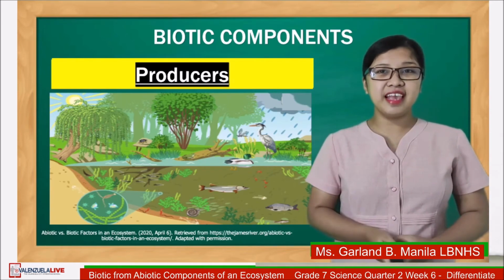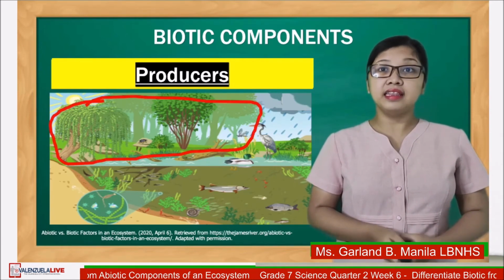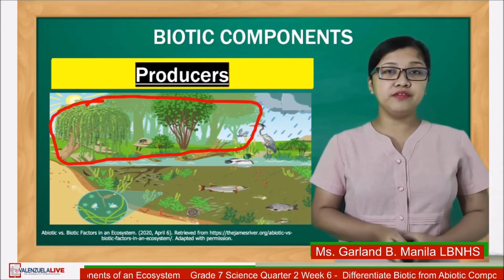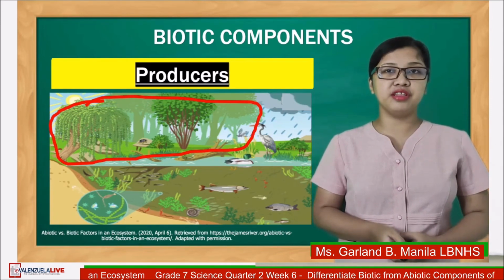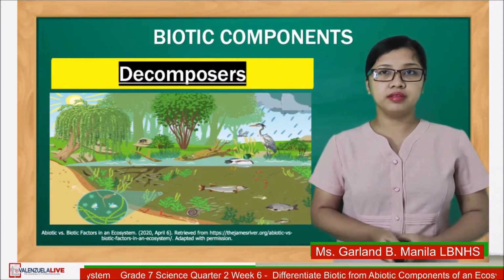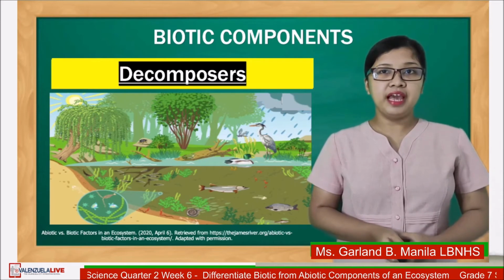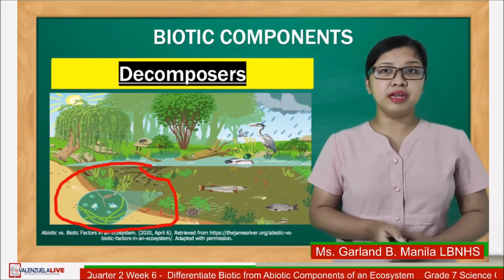We have trees and grass. Correct. And last, who are the decomposers? I will give you 5 seconds to type your answer in the comment section. We have microorganisms and bacteria.